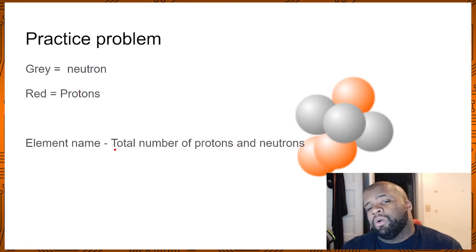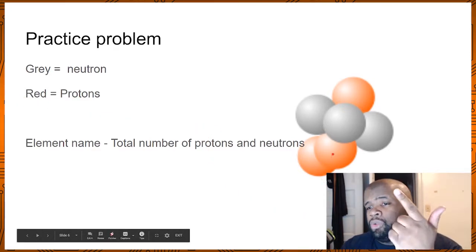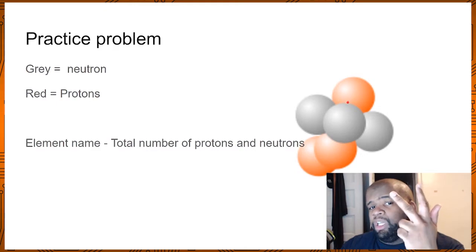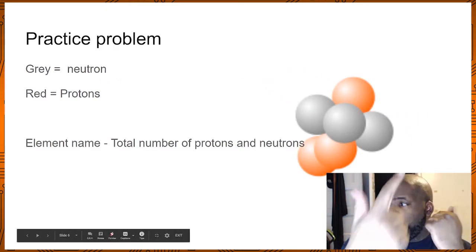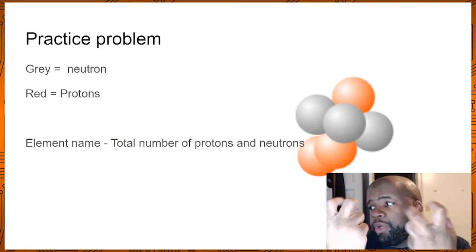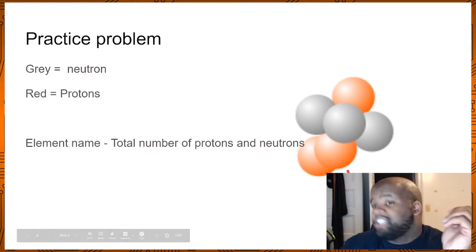Now we need to know the total number of protons and neutrons. If we count our protons, which are the red balls, it is 1, 2, 3. If we count our number of neutrons, which are the gray balls, it is 1, 2, 3. 3 plus 3. I'm not a math expert, but that's 6.